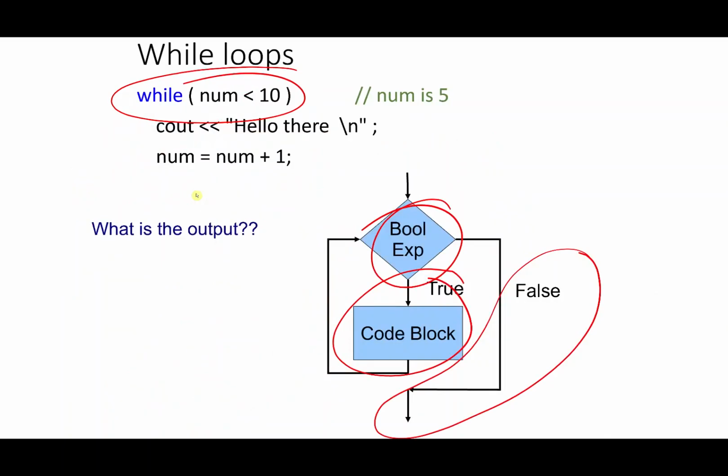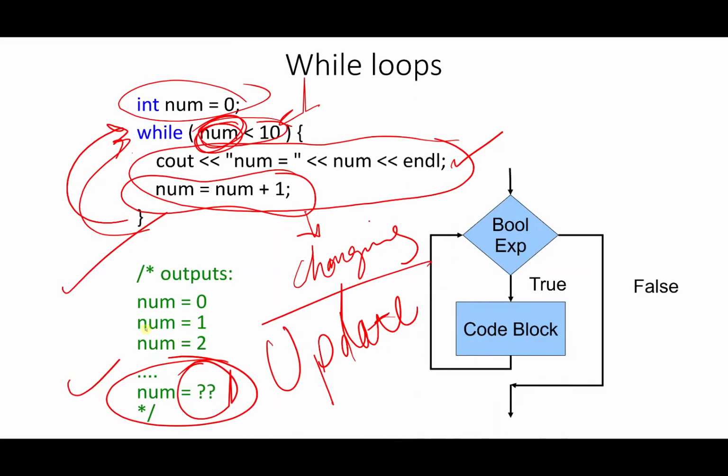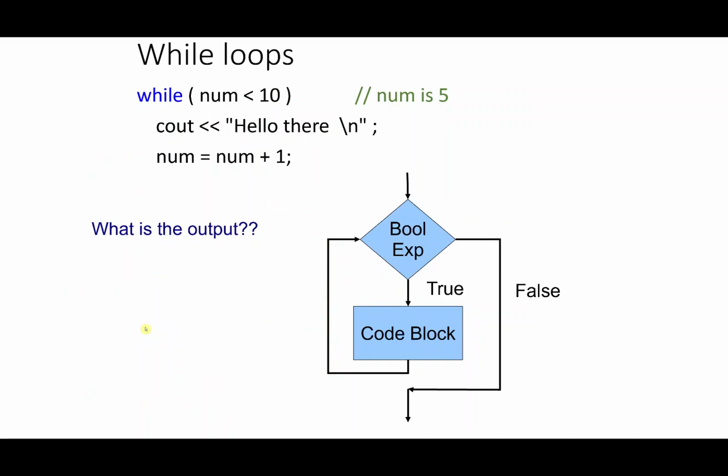Okay, going back to this slide. Assuming num is 5, what is the output of this code? Now, why did I ask you to guess the previous one? Because I want you to understand what's going on before you move on to this slide, because this slide is a little bit tricky.